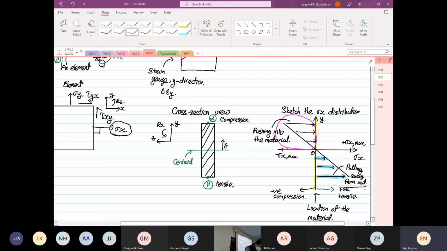On that line, you can see that our normal stress is equal to 0 at that Y location. So when stress X is equal to 0, that is also known as our neutral axis.